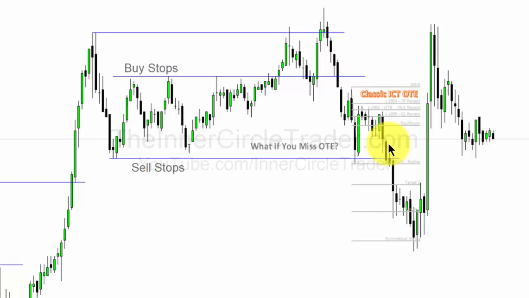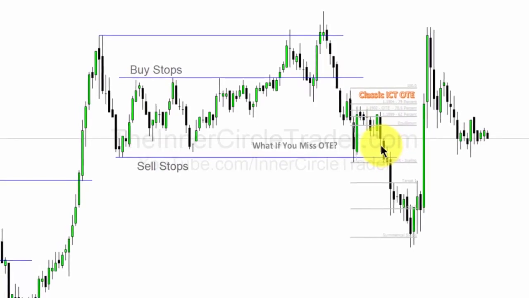And I'll give you a perfect example of it in this recording. But I want you to think about, what can we do as traders if we don't get this area up here? Because I first taught that this is where you should get in. The problem is, over the years, I've been inundated with emails stating that folks don't have the courage to get in. They want to get in, but many times they are too afraid to chase price because they heard me preach, don't chase price, don't chase price.